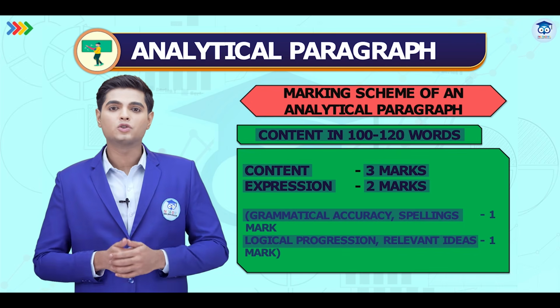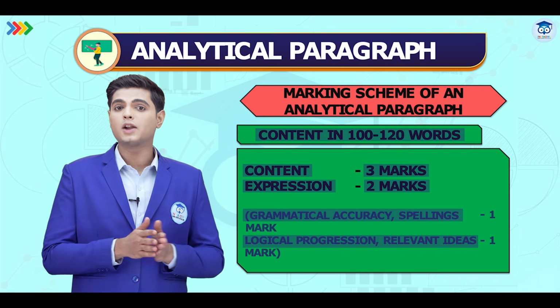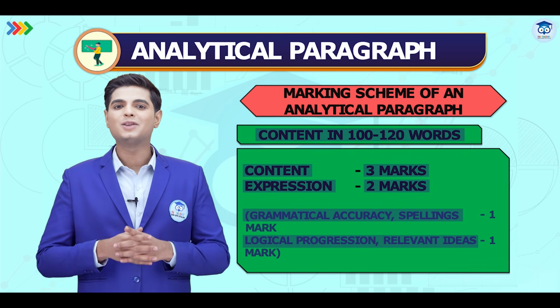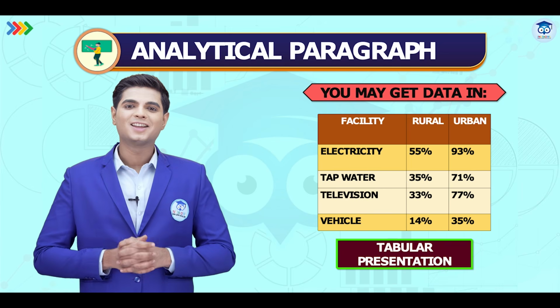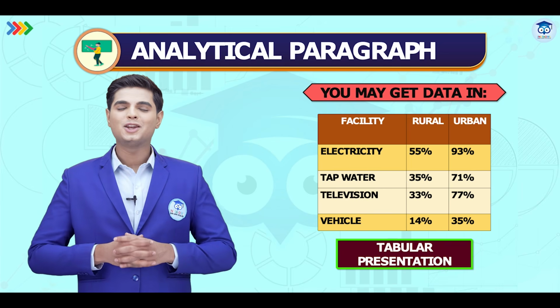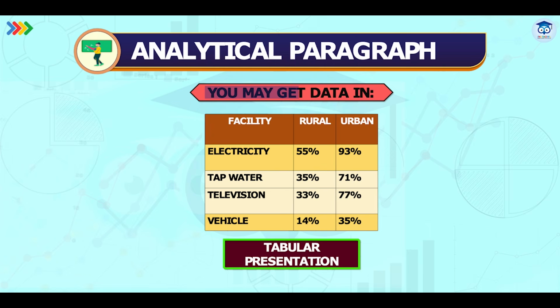This scheme reminds us to focus not just on what we write, but how clearly and accurately we express our ideas. Now, having understood the marking, let's see the kind of data you may need to work with. You may get data in the form of tables presenting information on different facilities available in rural and urban areas.